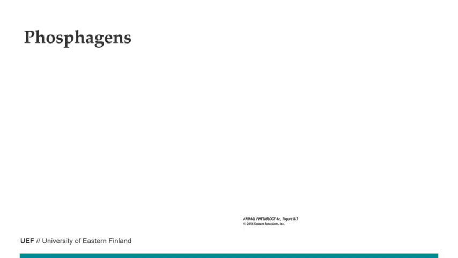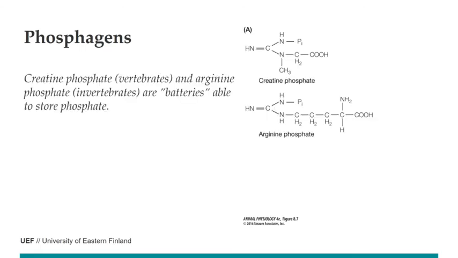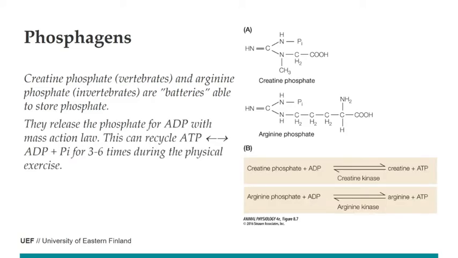One of the things that can be used is phosphagens. So we have creatine phosphate in vertebrates or arginine phosphate in invertebrates. They are batteries. They are able to store phosphate. And in case there is need for ATP, they can give the phosphate to ADP.